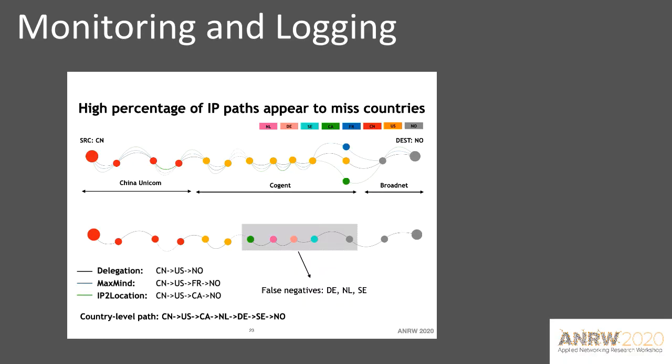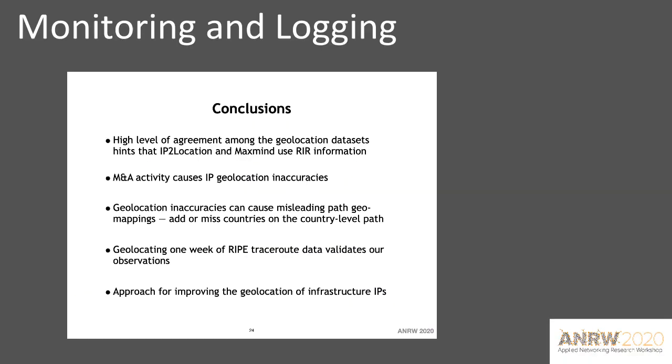Using the MaxMind dataset, we see that the path does not jump directly from US to Norway, but it traverses France first. The IP to location geomappings place the path in China, US, Canada, and then Norway. So, when comparing these three geomappings, we find that France and Canada are missing countries.